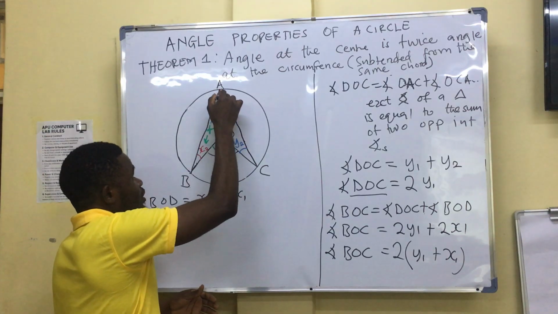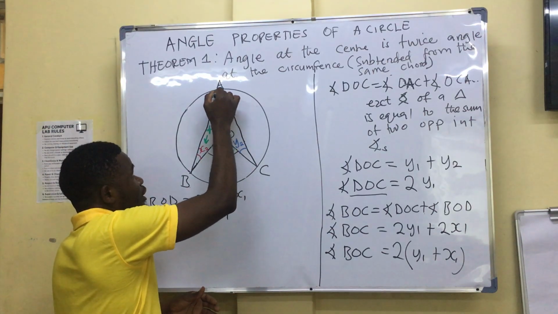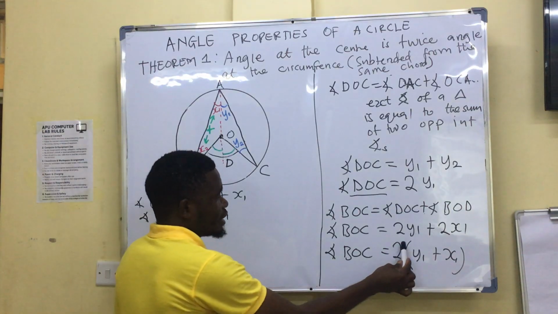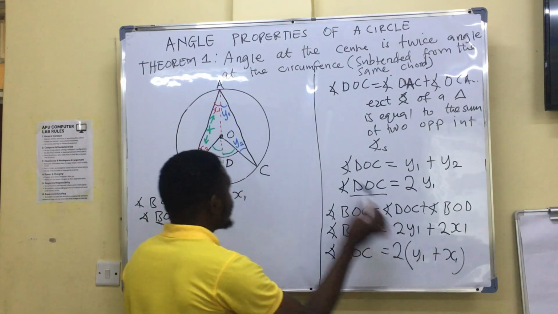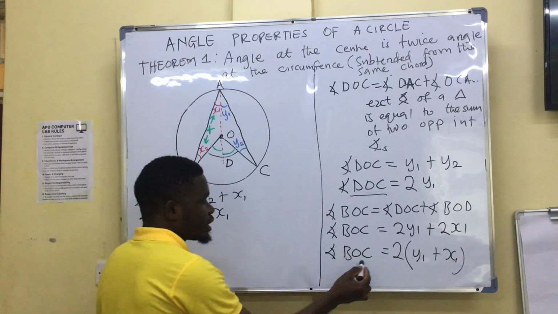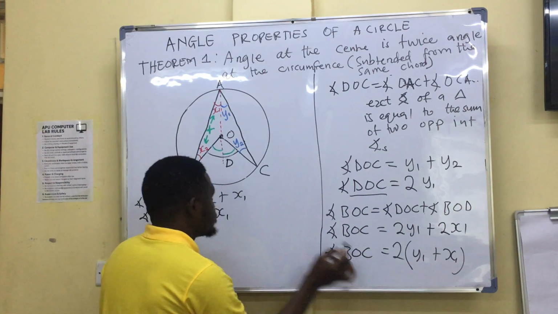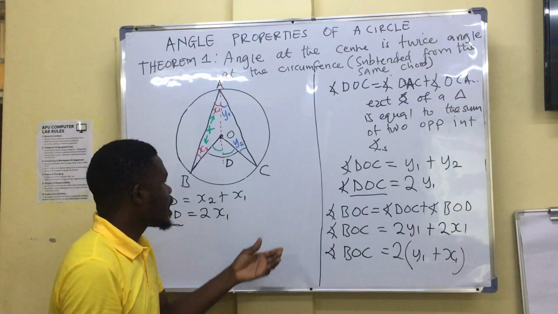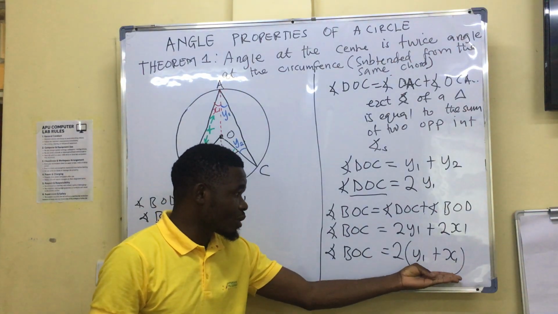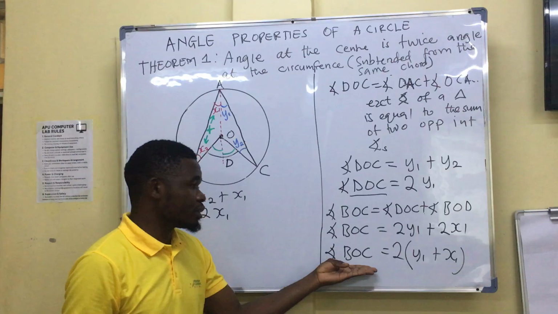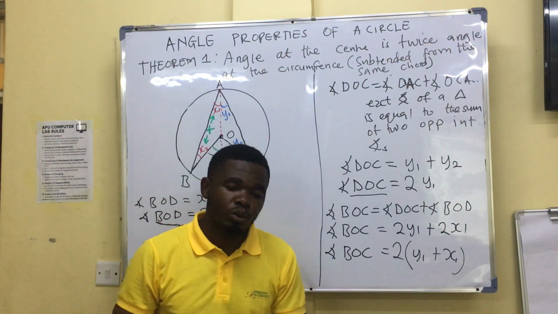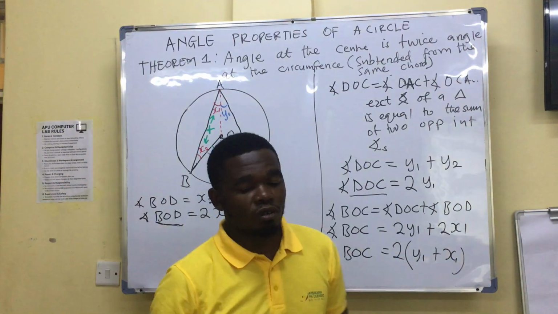The whole of this angle at the center is what we get if we multiply this angle at the circumference, y1 plus x1, by 2. Therefore, angle at the center is twice angle at the circumference. This angle at the circumference times 2 is equal to angle at the center, right? I hope you get the concept from this theorem.